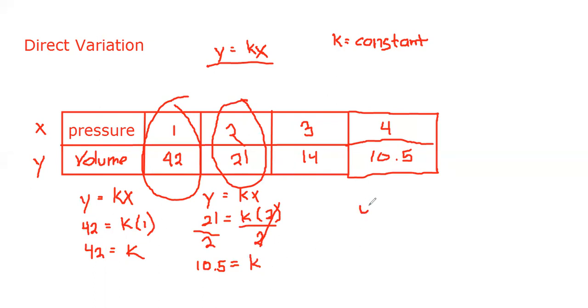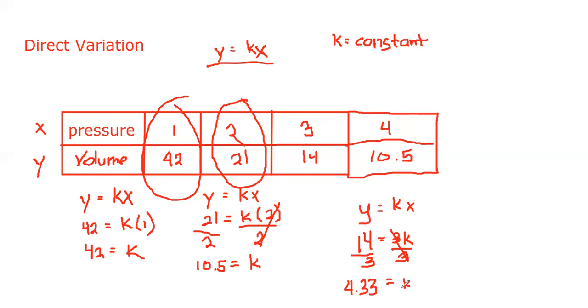Kapag kinompute din natin itong pangatlo natin, na y is equal to kx, then ang y natin is 14, magkakaroon tayo ng 3k dito, kasi ang x natin is 3. Divide natin both sides by 3. So, magkakaroon tayo ng 4.66 something.